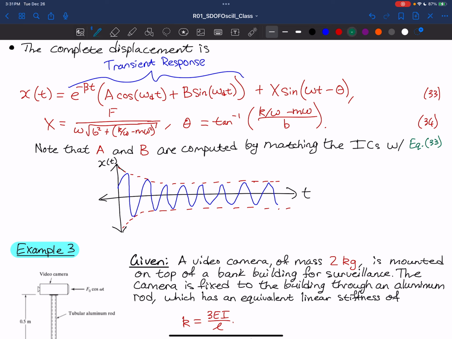In the beginning here, from say over here or so, this is our transient response. That is when the transient response exists. And then from then on, for the rest of the response, we're going to have nothing but steady state response.